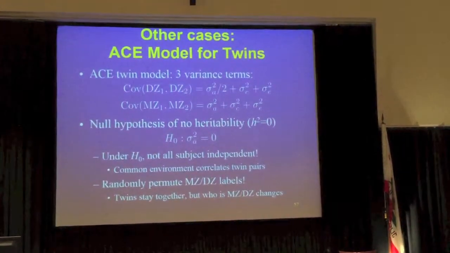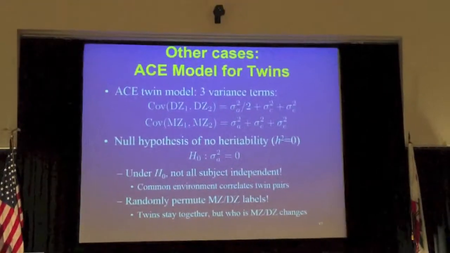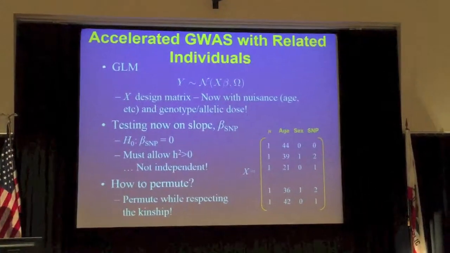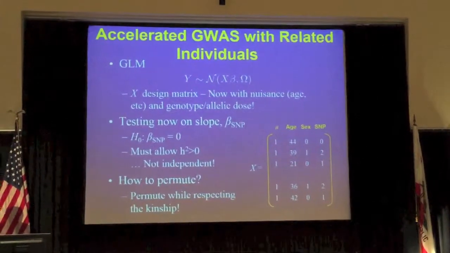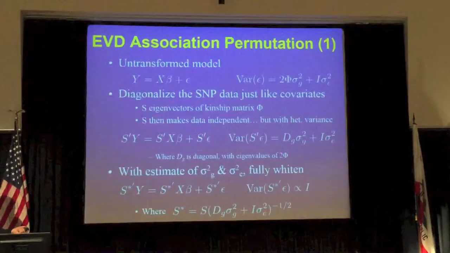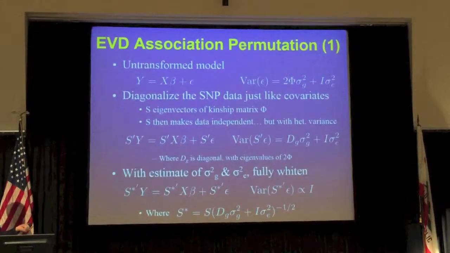We can also do the same thing for the ACE model for twins, and we can do accelerated GWAS with related individuals. And, again, EVD association with permutation.